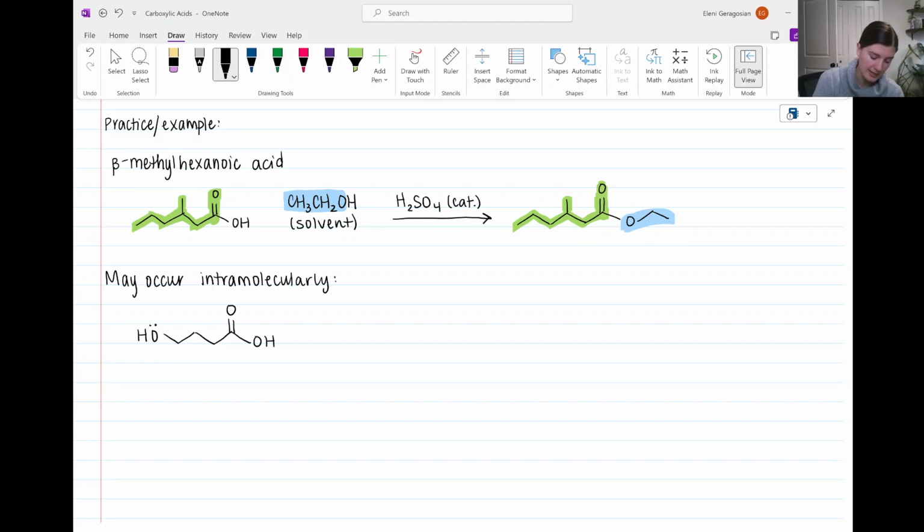So that OH group on the left side of the molecule, that oxygen has non-bonding electrons. And so if we're under acidic conditions, we donate a proton to the carbonyl oxygen. That carbonyl carbon, the carboxylic acid carbon, is activated. It is susceptible to nucleophilic addition. And so this oxygen, I'm skipping steps in the mechanism, but just generally to show you, this oxygen can then bond to the carbonyl carbon.